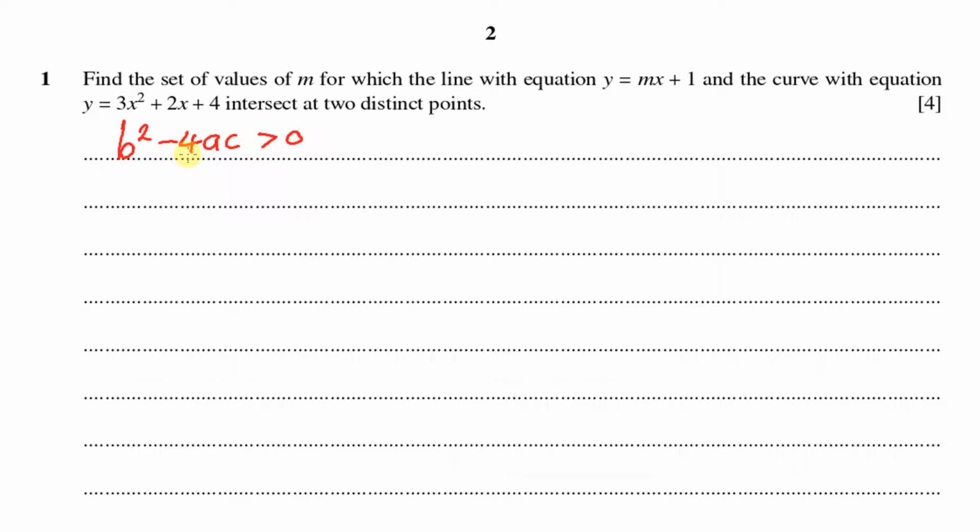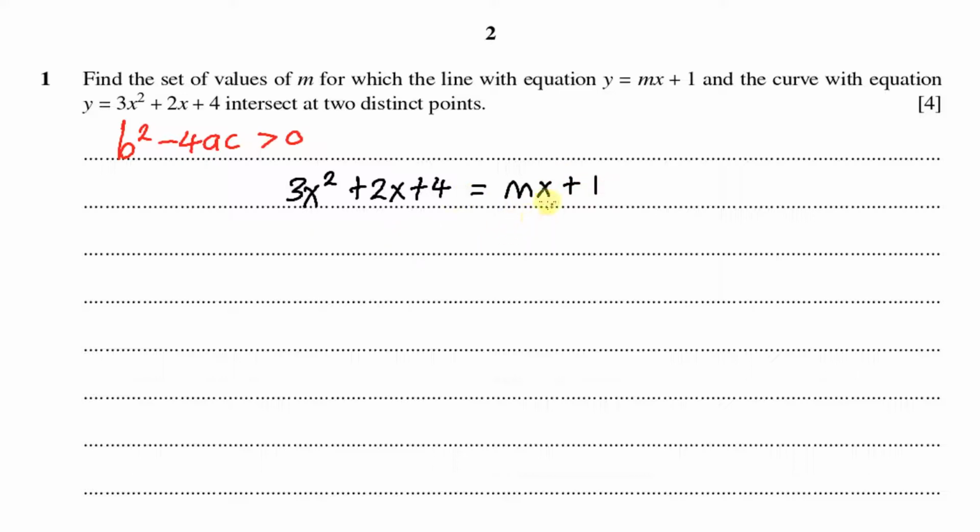So here I'll combine the two equations. I'll take the equation of the curve, which is y is equal to 3x squared plus 2x plus 4, and I'll equate it to the equation of the line where y is also subject, so they should be equal. So that's mx plus 1.